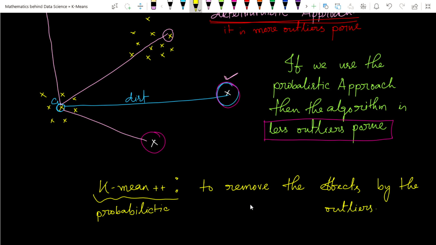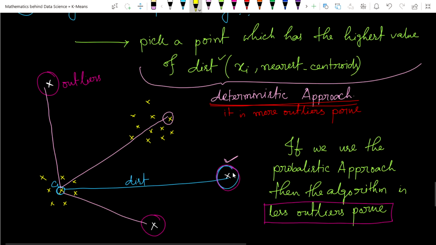Only because of this reason we use the probabilistic approach instead of the deterministic approach.